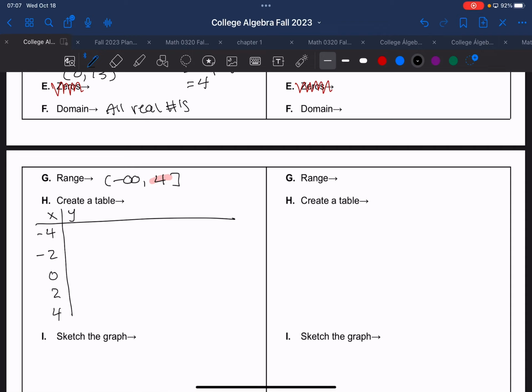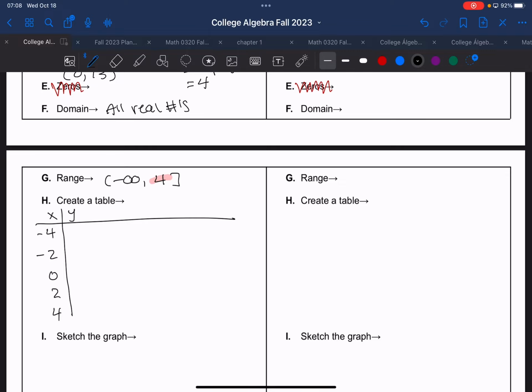You can choose any numbers, okay? When we're graphing a parabola, we know that some is going to be positive and some is going to be negative. So I always make sure I have 2 negative numbers, 0, and 2 positive numbers. Again, you could choose any values for x. These are just the ones that I use. Okay. So in order to find the y values, what am I doing to these x values?